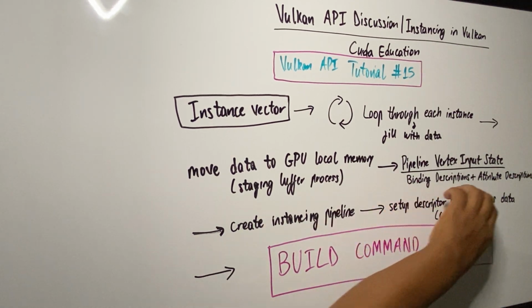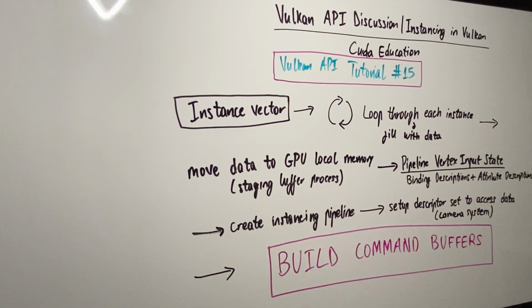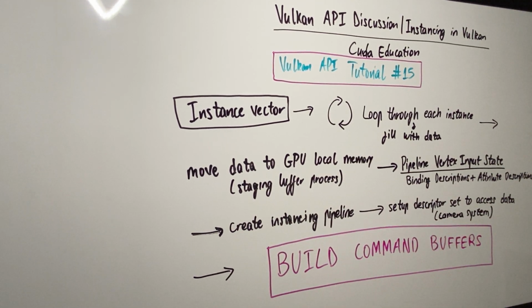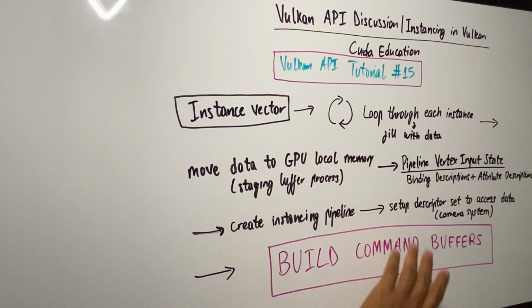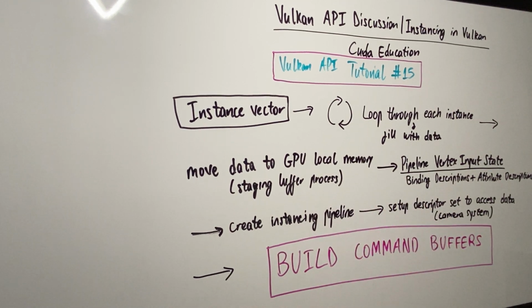This descriptor set thing is supposed to be really fast, right? Because if you zoom in and out, or if you do some transformations, the descriptor set is usually dealing with read-only memory with the UBO, and it's supposed to be really fast. Yeah, so that's what I'll say.